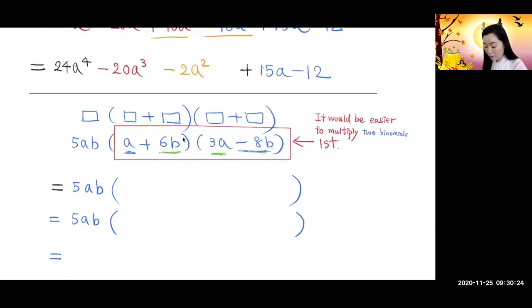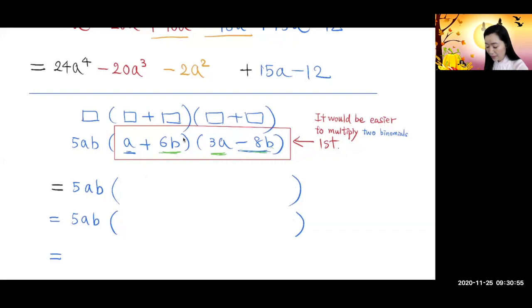If you multiply the monomial with one binomial, you get a more complicated binomial, and multiplying that with the other binomial makes it even more complicated. So it is better to multiply the two binomials first, and then multiply with the monomial later.